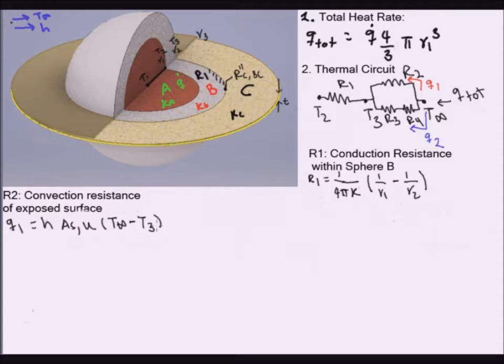And here we know that T infinity is higher than T3. Okay, so from this expression, we know that the resistance, R2, will just be the reciprocal of these two terms.